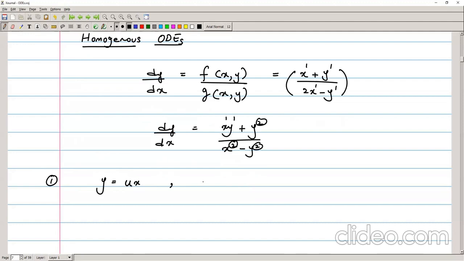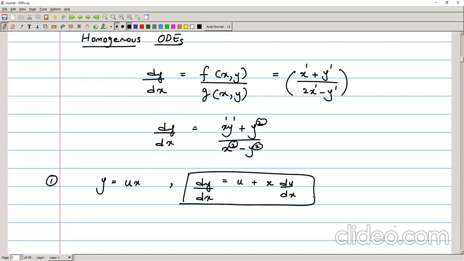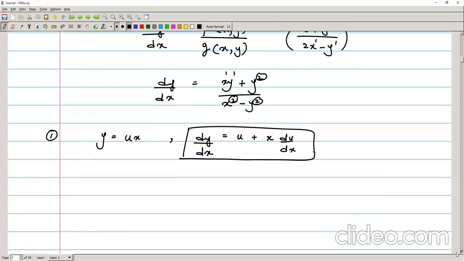Therefore, if we differentiate this with respect to x, what we will get is dy over dx is equal to u plus x times du over dx, right? And then we can substitute in the equation.